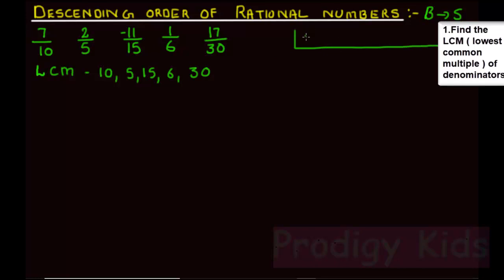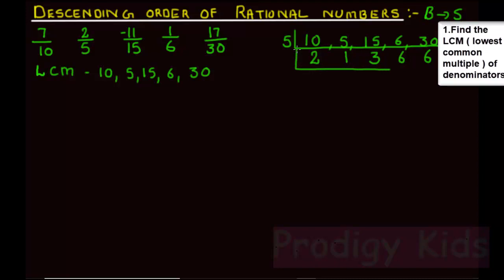We know how to find the LCM. We have 10, 5, 15, 6 and 30. According to the test of divisibility, 5 would go. 5 2s are 10, 5 1s are 5, 5 3s are 15, 6, and 5 6s are 30.